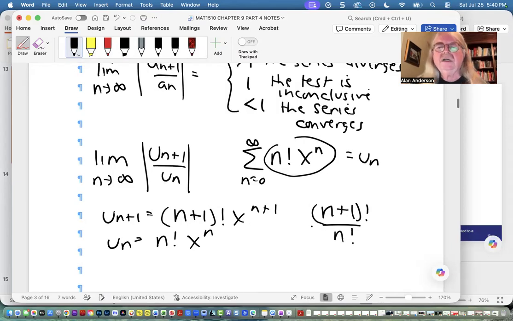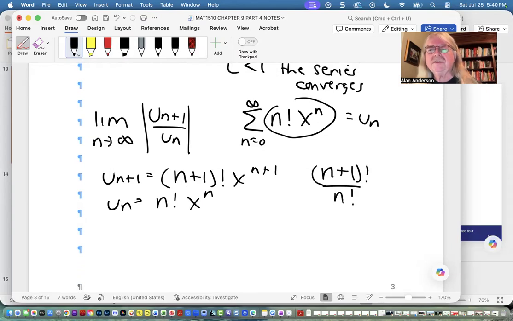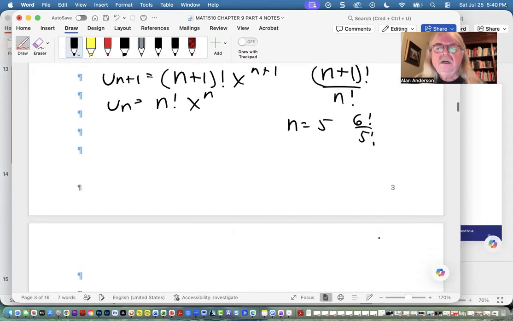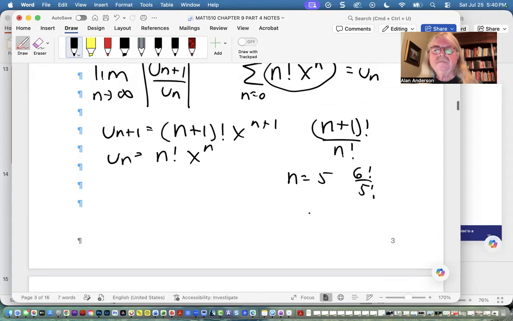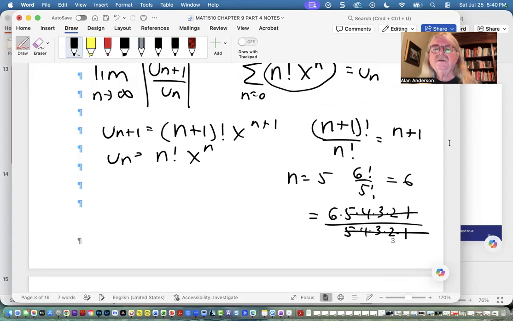What is this equal to? Well, that's a good question. Let's use some specific examples. Let's say if n is 5, you're going to have 6 factorial over 5 factorial, which means there's a lot of canceling out going on here, and you're just left with 6. So in general, this just reduces to n plus 1.